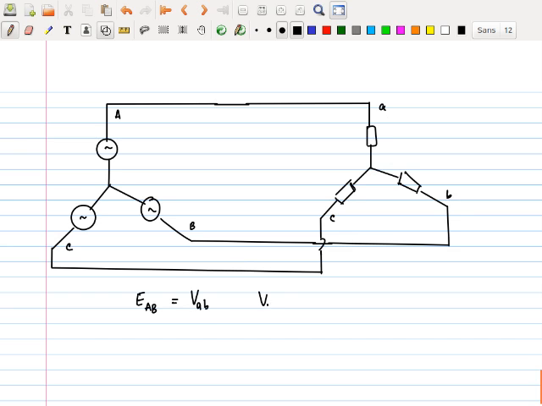In the same manner, E of BC is equal to V of BC, and E of CA is equal to V of CA. These are things you can look at in the diagram and recognize. Now, once you are back, we will do a problem and see how it works out.